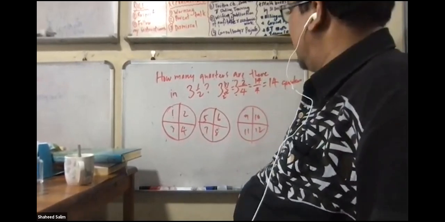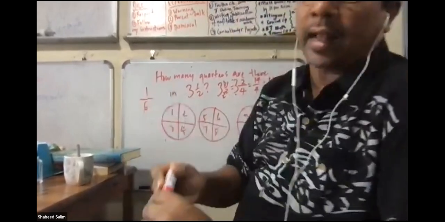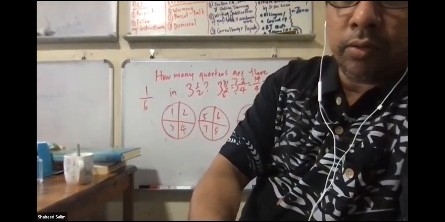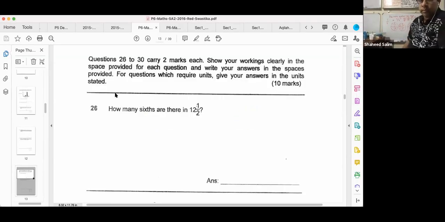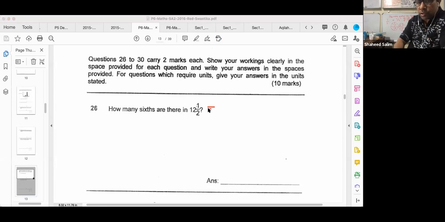So what you do, if they ask you for 6, you change the denominators to 6, you can get the answer. Okay, you try. I do not know whether you understand or not, but you try this. So they're asking you how many 6. So you go and change this now. If you want to use the formula method, change this to 12 something over 6. And then change it one more time as an improper fraction.